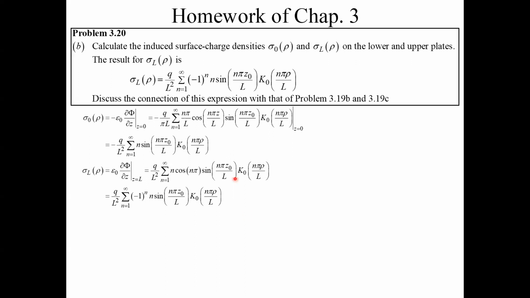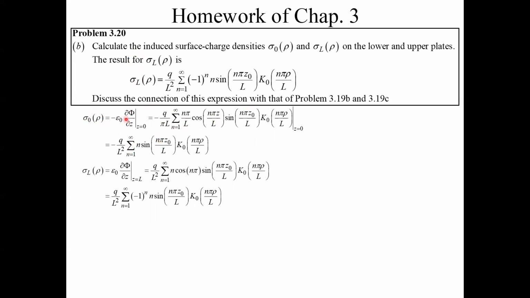And next, for part B, calculate the induced surface charge densities rho 0 and rho L on the two plates. The result for the upper plate will look like this. We just apply the boundary condition: the difference of the potential between the two sides of the plate gives the surface charge density here.